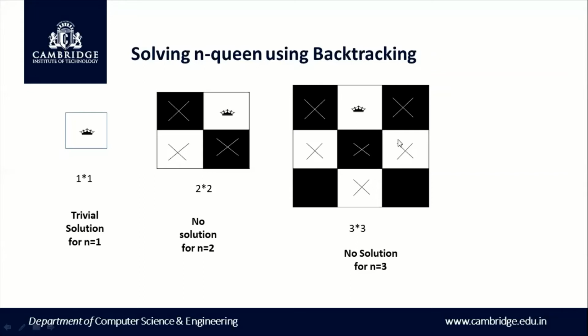Now we move on and solve the fourth instance of the same problem, which is a 4 by 4 chessboard. Now this is a 4 by 4 chessboard we have. We assume that we are going to place the first queen in the first row, the second queen in the second row, the third queen in the third row, and the fourth queen in the fourth row. This is the assumption.